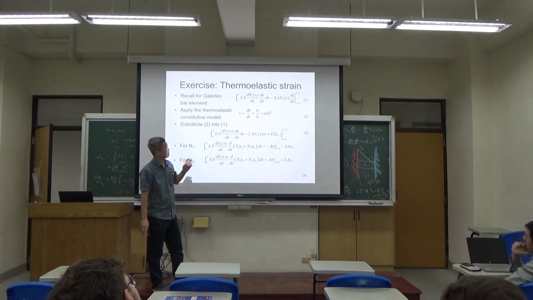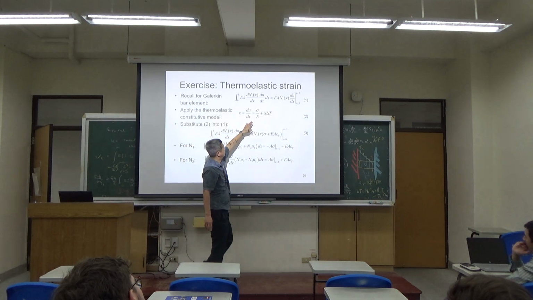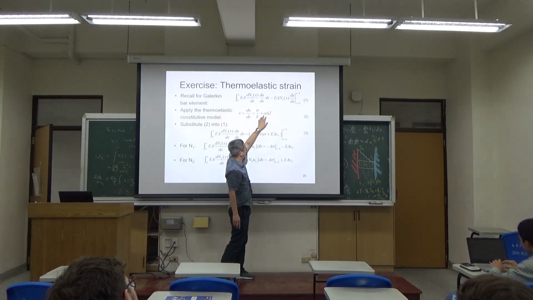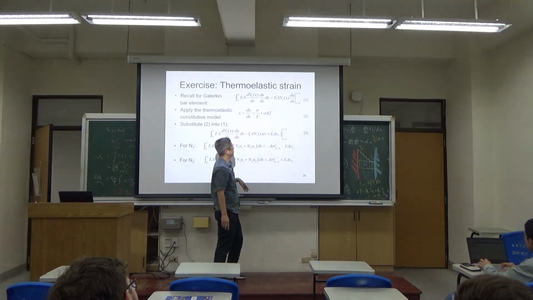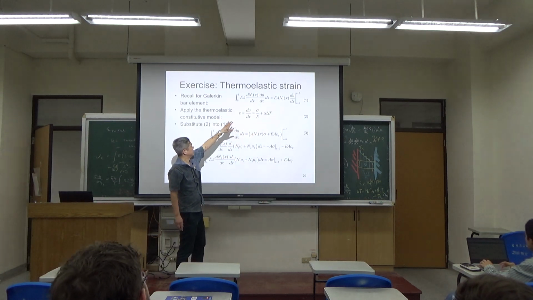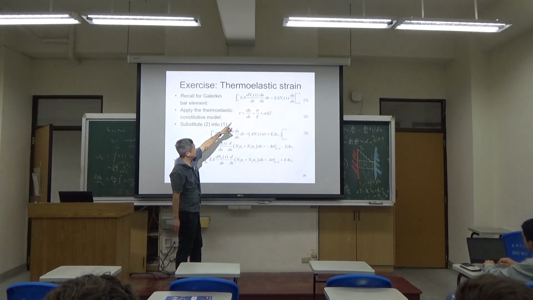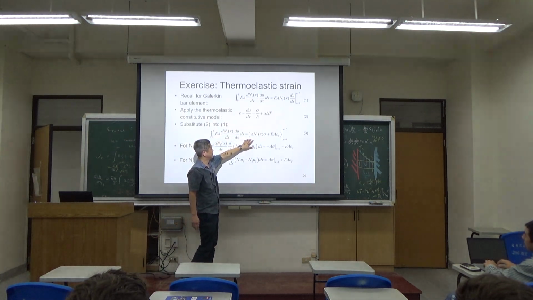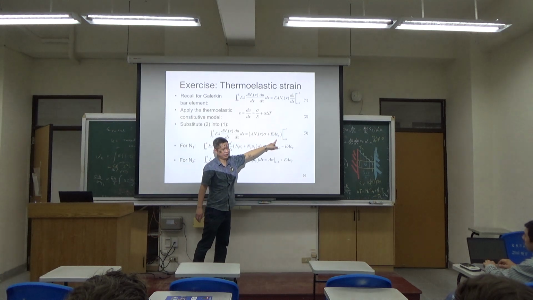This total strain is the sum of the mechanical stress induced strain plus the thermal strain. So you can see that when you substitute this expression into the Galerkin method, nothing really changes a lot. What is changing is your right hand side.